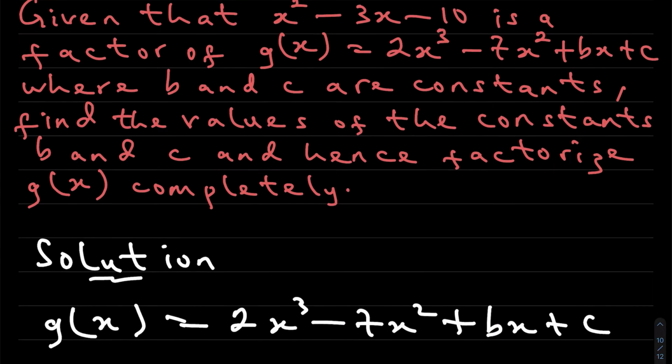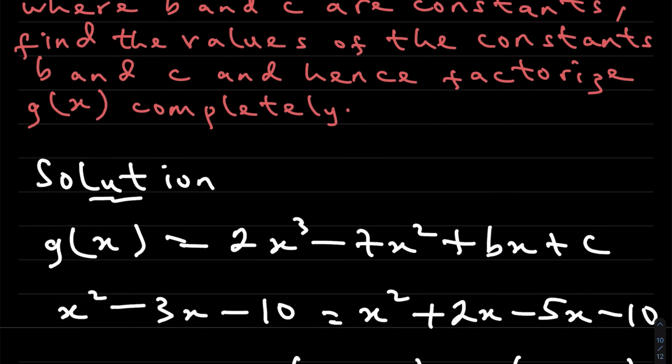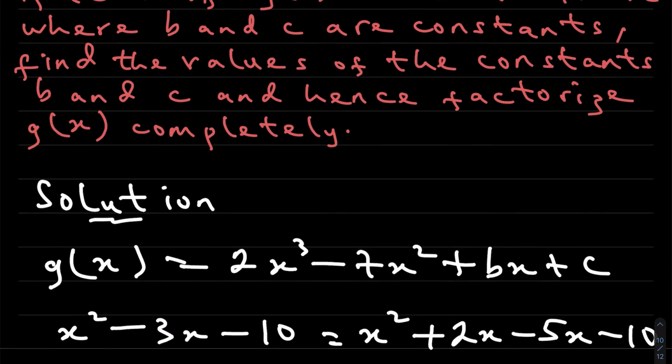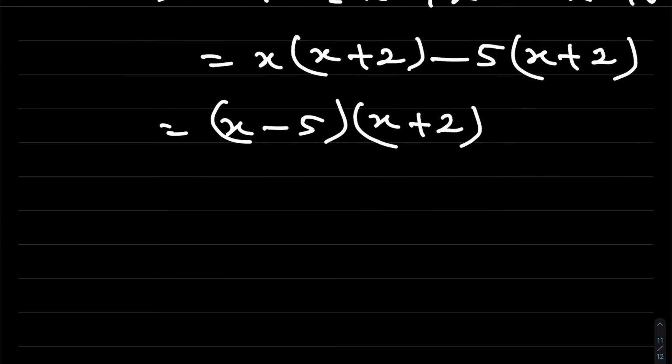Now, let's read further. Where b and c are constants, find the values of the constants b and c, and hence factorize g of x completely. Now, if x minus 5 is a factor of g of x, that means when g of x is divided by x minus 5, the remainder is 0.